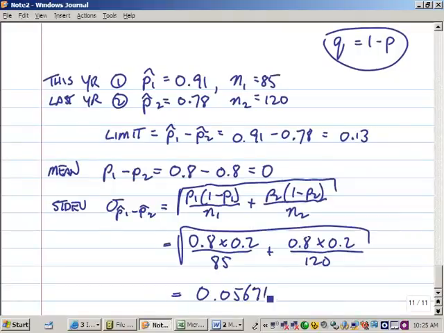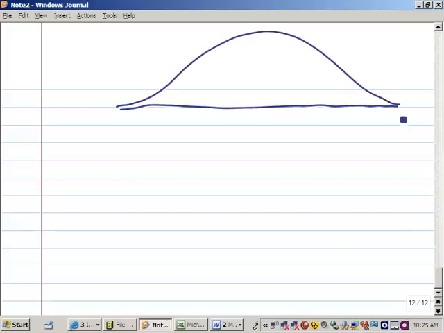So then we have a limit, 0.13, a mean of 0, and standard deviation 0.05671. Let's draw a diagram. This is the distribution of the difference in the sample proportions.